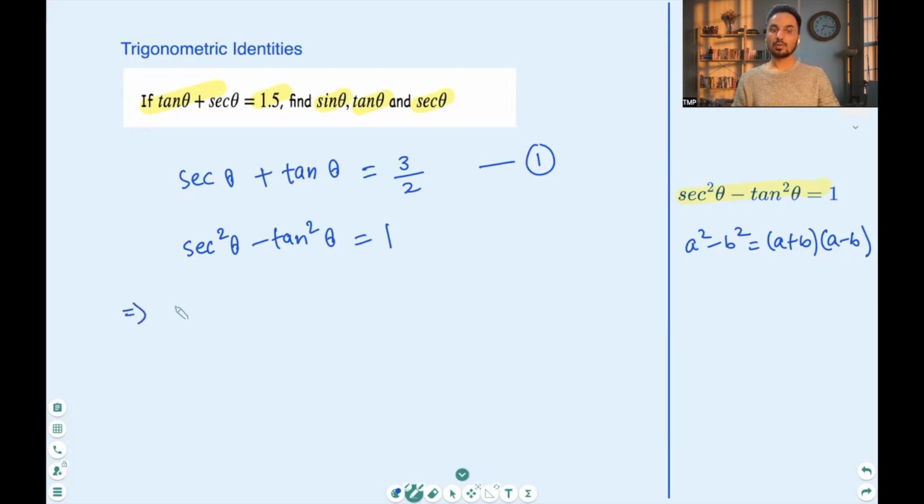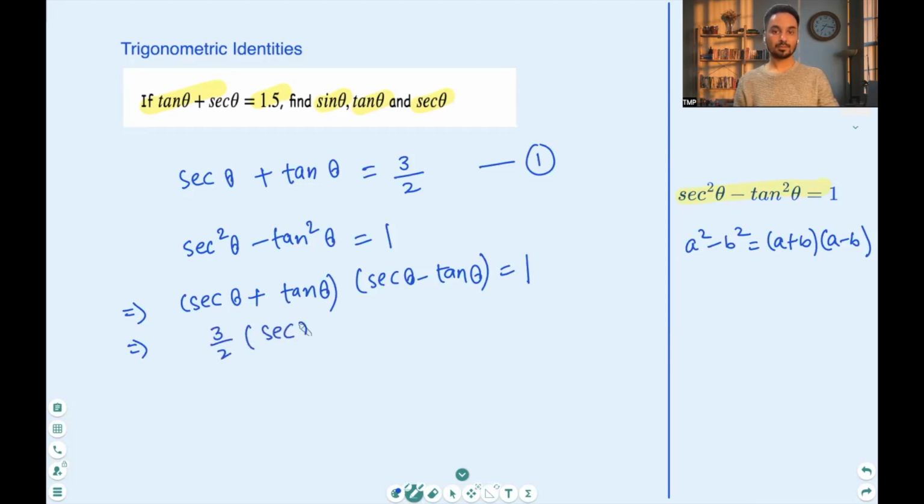That means sec theta plus tan theta times sec theta minus tan theta equals 1, which can be written as 3 over 2 times sec theta minus tan theta equals 1. That means sec theta minus tan theta equals 2 over 3. So that is your equation number 2.